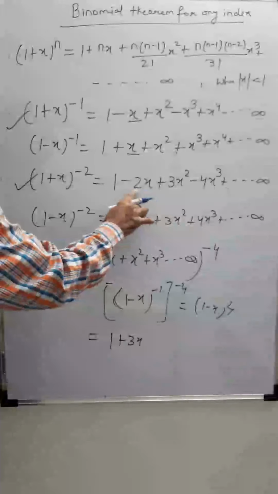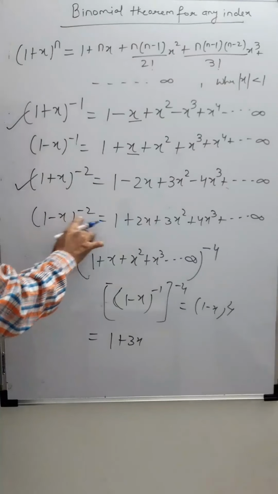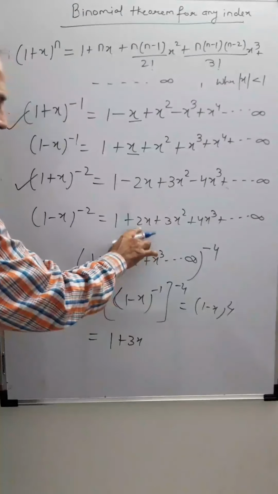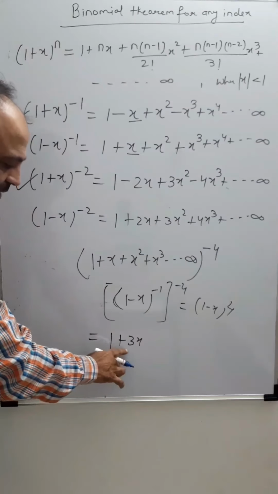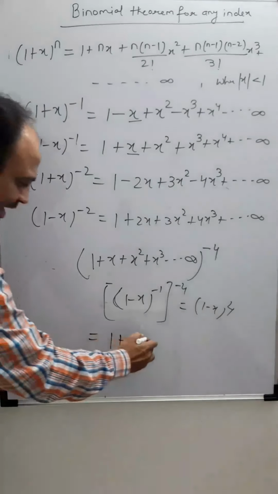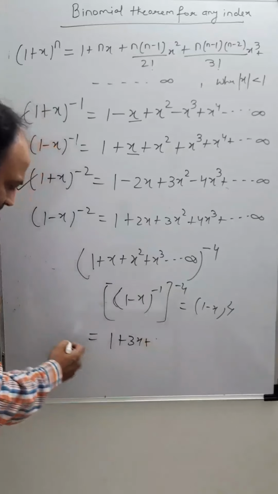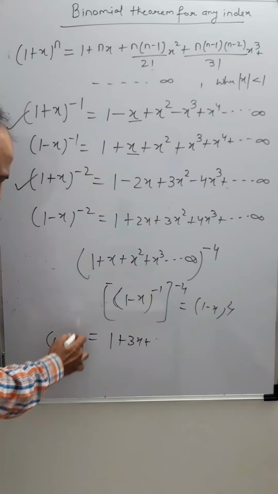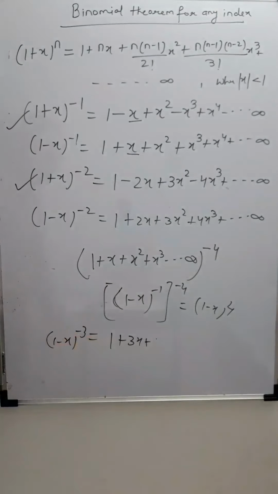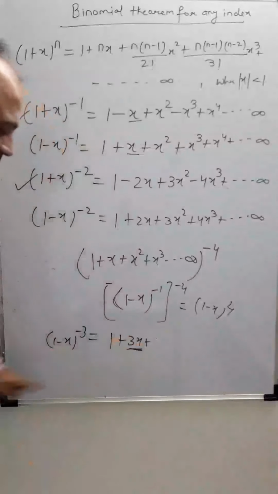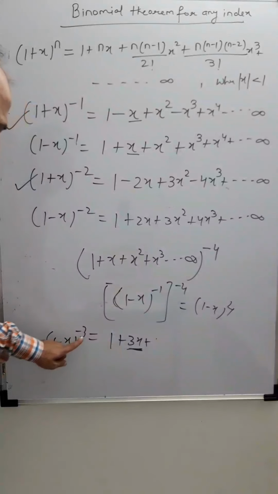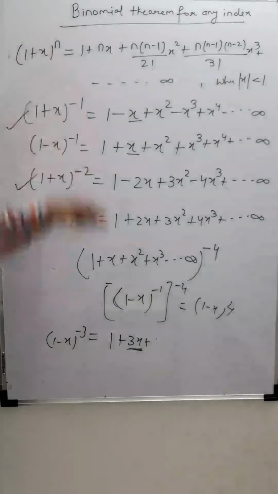Minus 2, it starts with minus 2. Fine. Both minus, then it is plus plus plus, it starts with 2. Suppose it starts with 1 plus 3x, and plus, and after there is some number. So it will be nothing but 1 minus x to the power minus 3. So you will take an idea from the second term. So plus plus, both should be minus, and 3, so the power should be minus 3. Correct? So this one is very important.